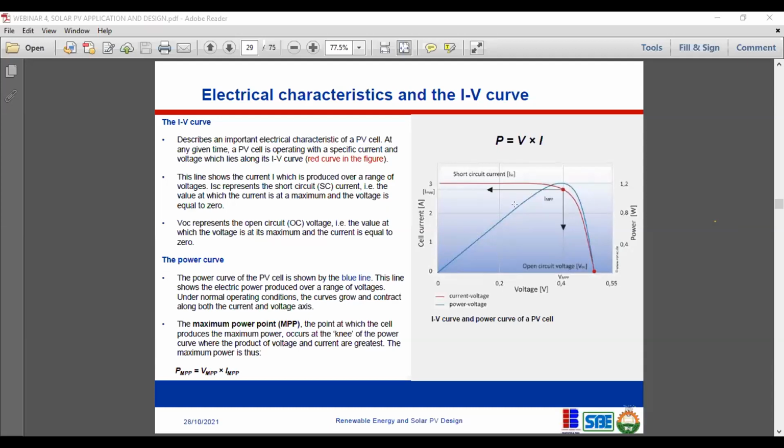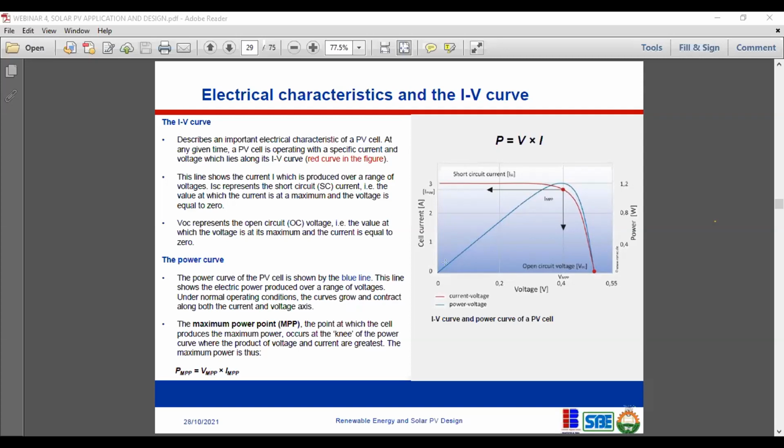This line shows electric power produced over a range of voltages. Under normal operating conditions, the curve grows and contracts along both the current and the voltage axis. So this blue line is what will help us to determine at what point on the red line we are going to have the maximum power.